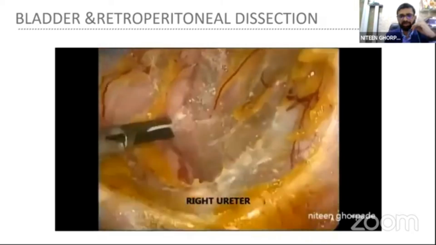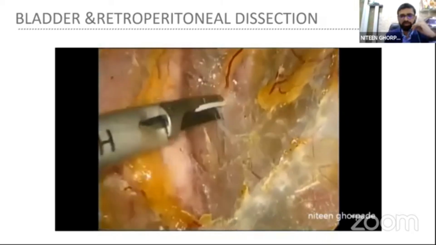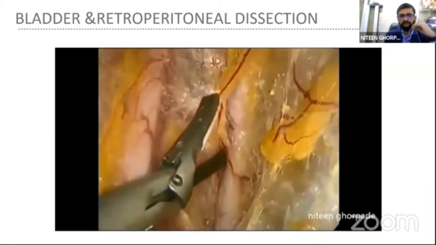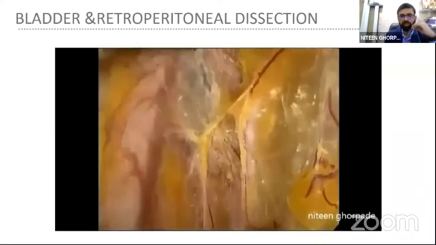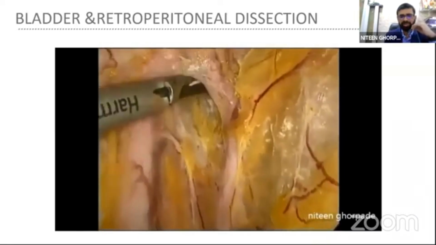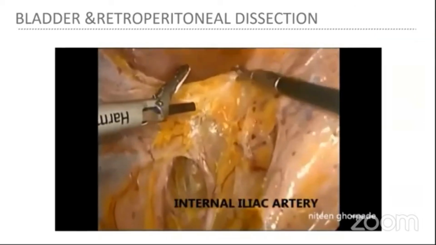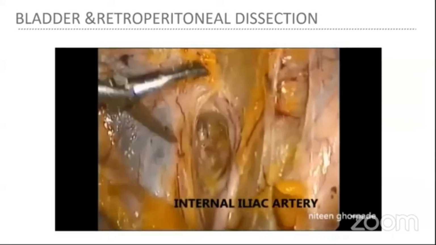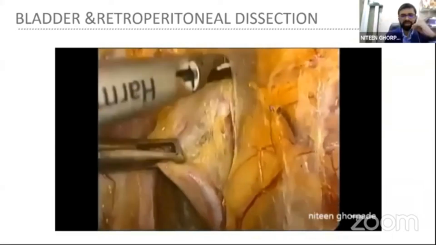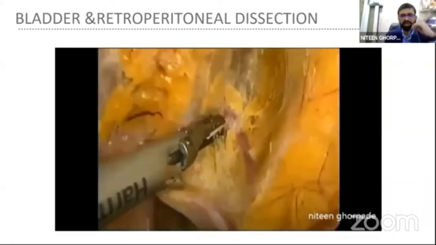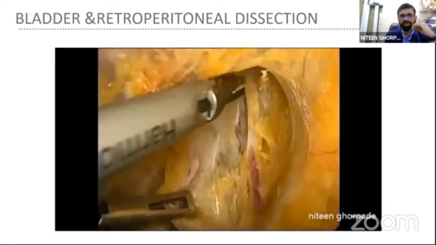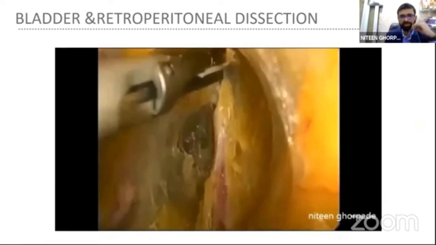So this is our pararectal space. It is between the internal iliac artery and the ureter. We are using almost 100% sharp dissection, which is helpful to identify structures one layer below. And we are now working on the paravesical space, which lies lateral, beside the bladder. This is layer by layer dissection of the paravesical space.